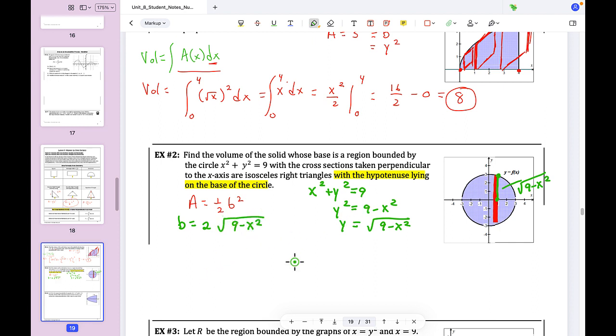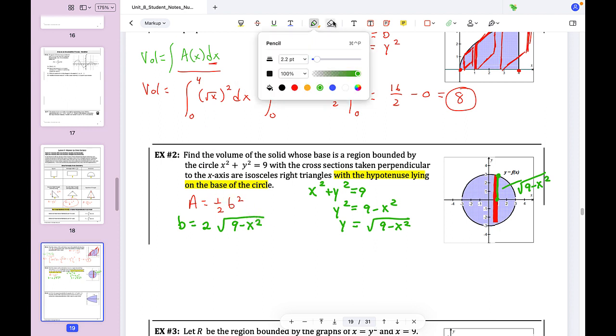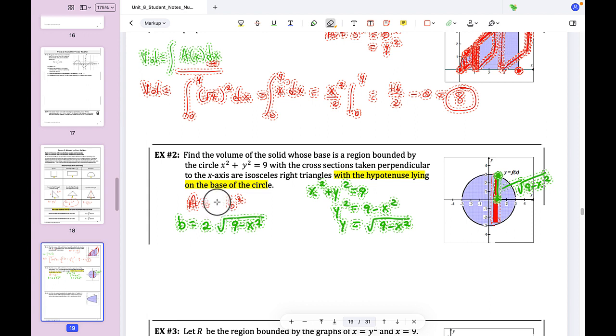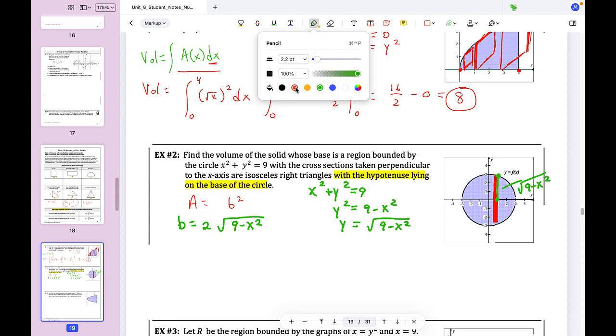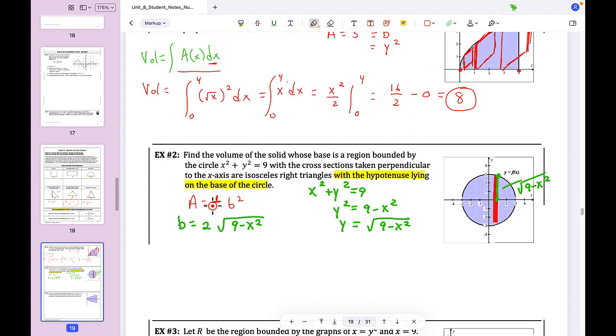Okay, so that takes care of that whole plus or minus thing there. Except that I made a mistake here. This is 1/4, not 1/2. See that? I wasn't paying attention. 1/4.